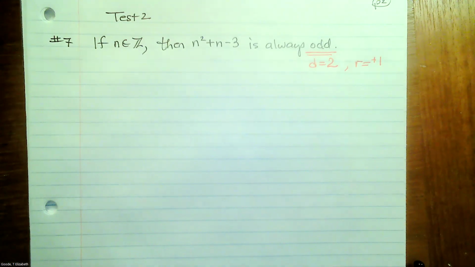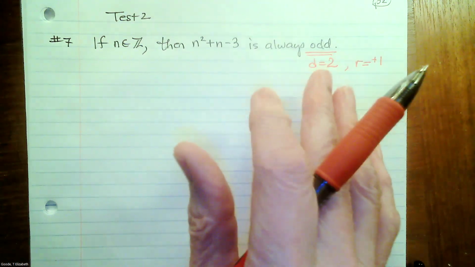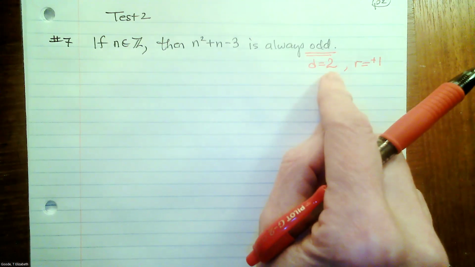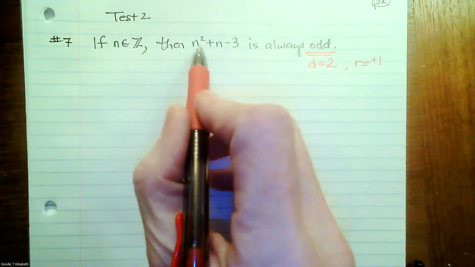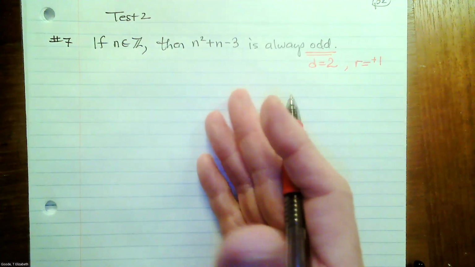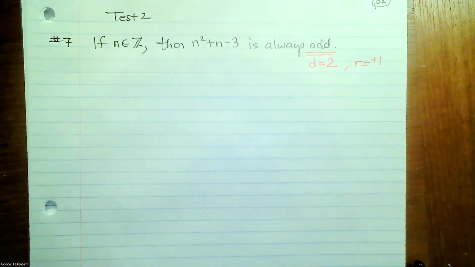You really are. Because let's just think about what would happen if we did not have a way to introduce a 2 into this game. The definition of odd requires that we show n squared plus n minus 3 equals 2 times an integer plus a remainder of 1. Does everybody see that?